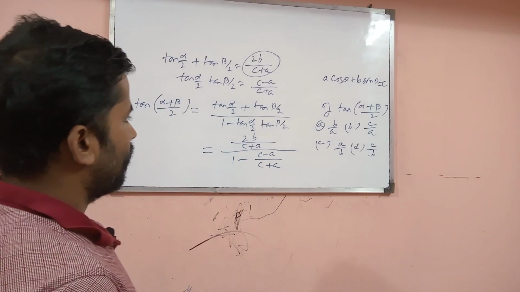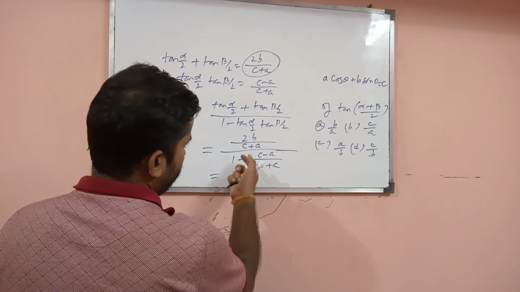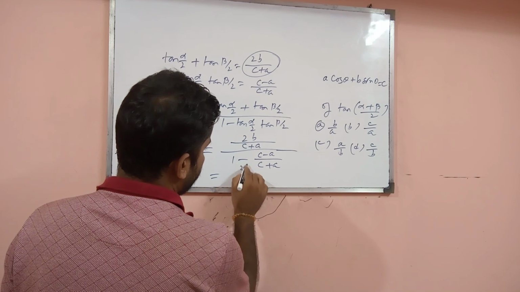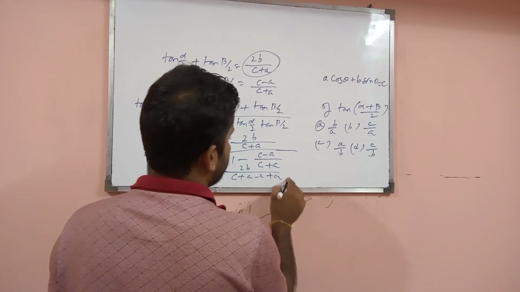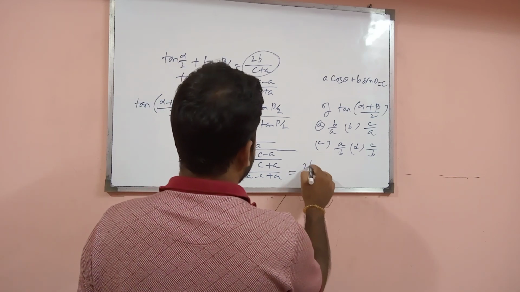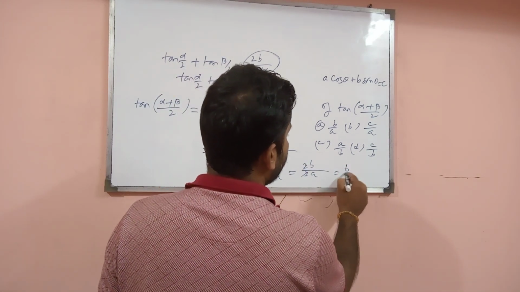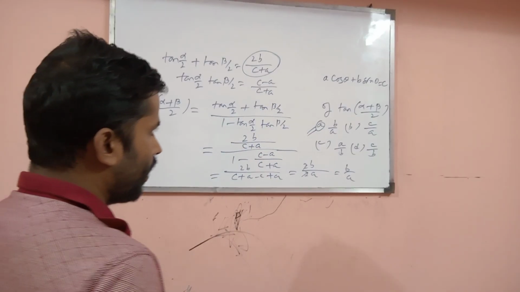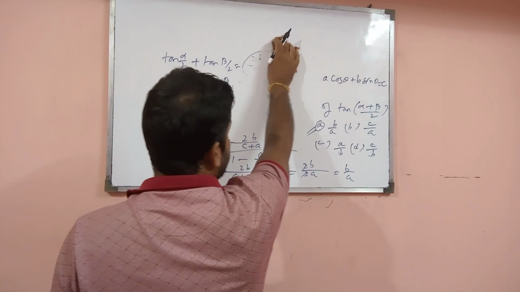Okay, so it can evaluate as twice b by (c plus a minus c plus a), so it is twice b by twice a, that is b by a. So the appropriate answer is option A. Okay, so question number 1 is solved.